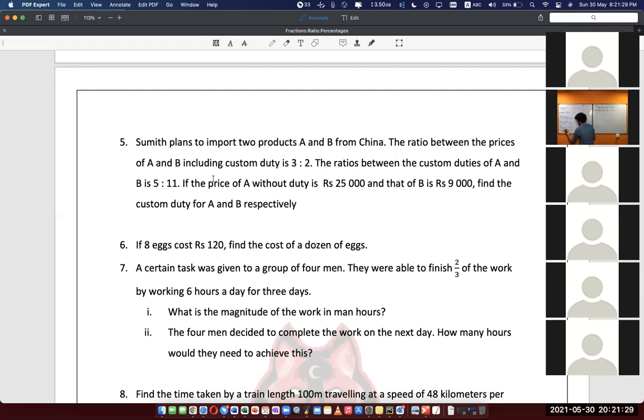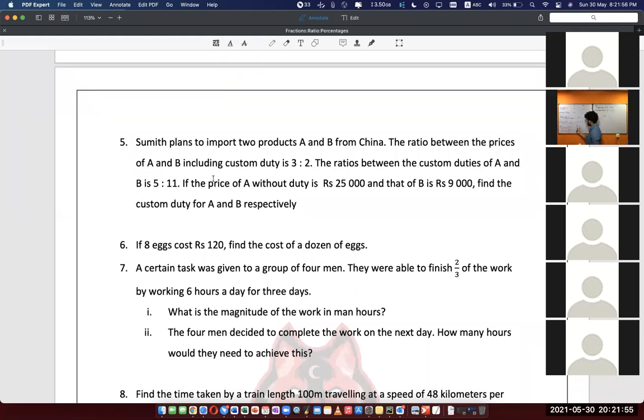With duty, right? Because I took this ratio. So what can I say? I can say price of A is 3x minus custom duty of A, 5y, is going to be equal to what?